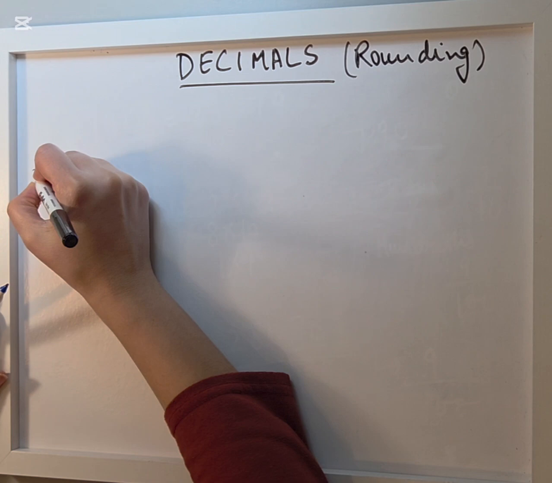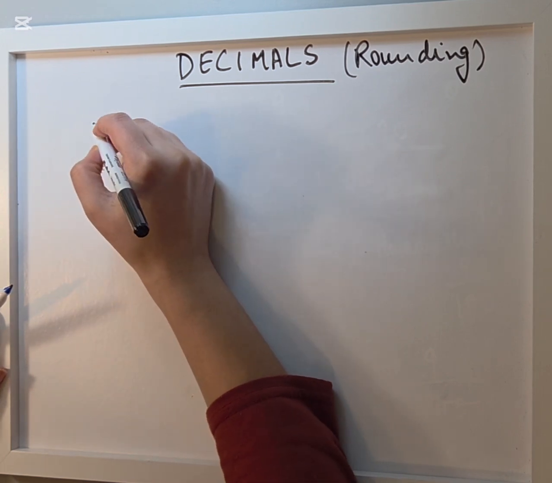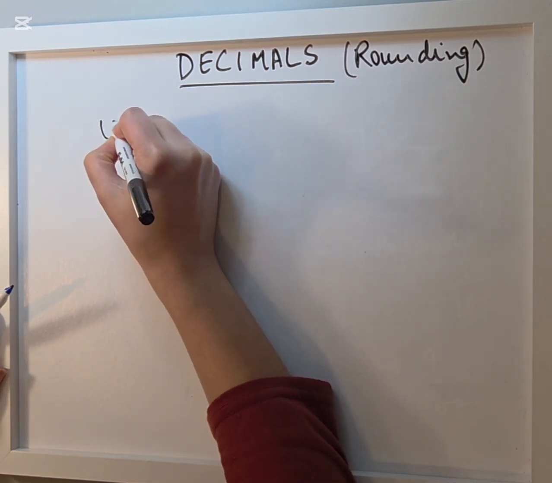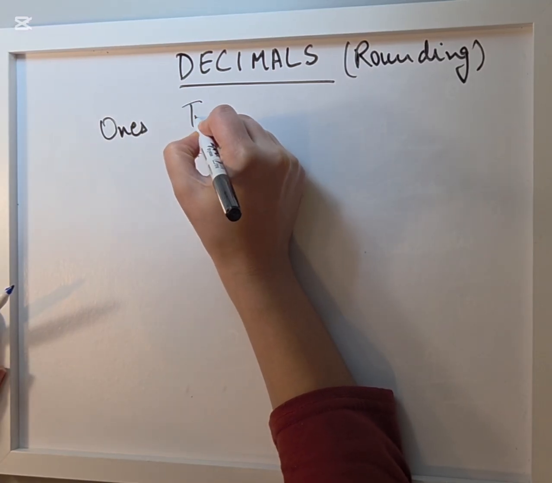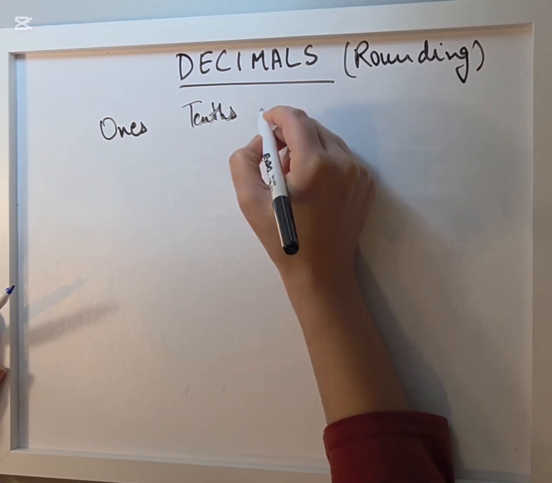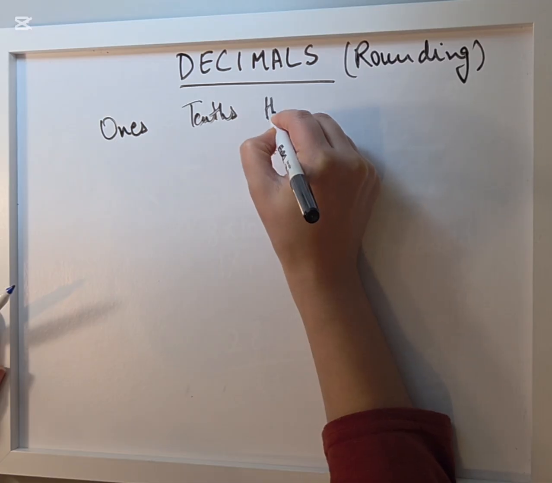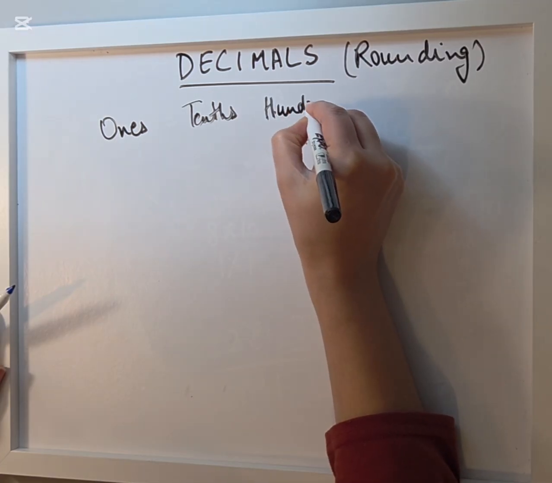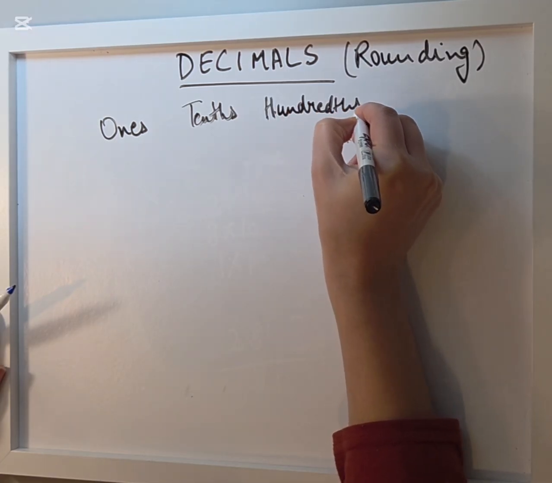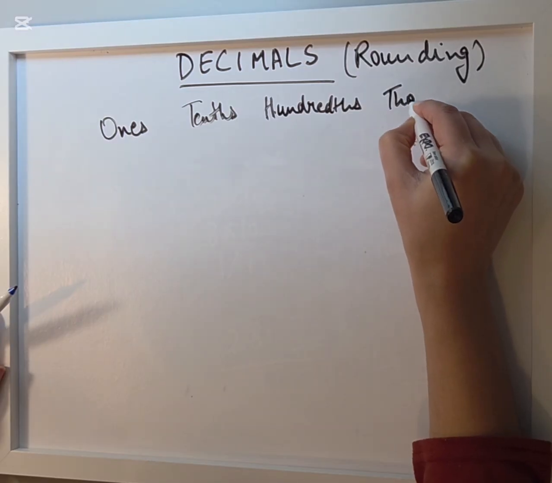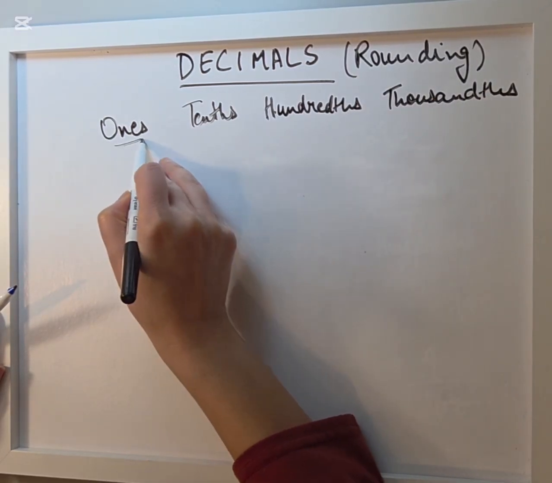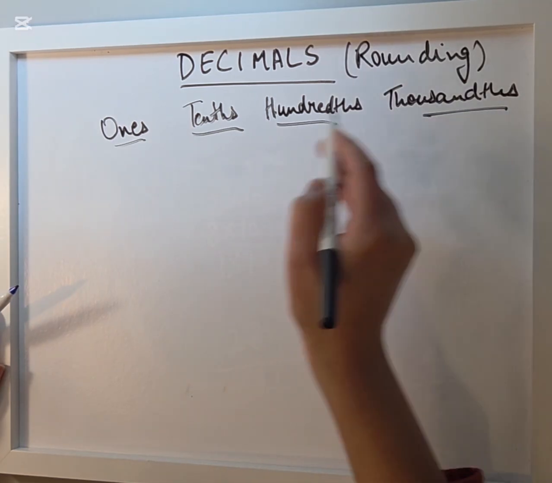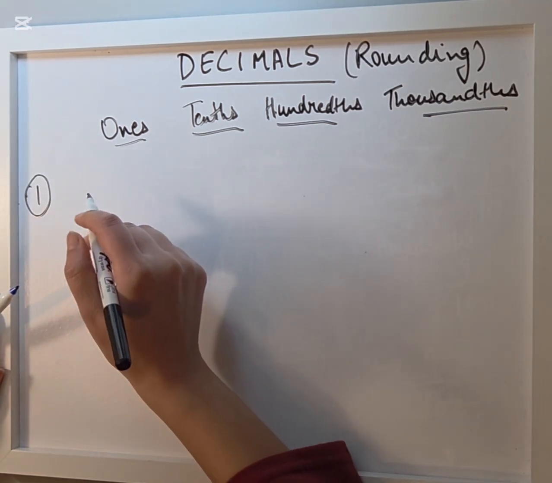Let's say we will round them to ones, then tenths, hundredths, and thousandths. Let's take 4 examples.